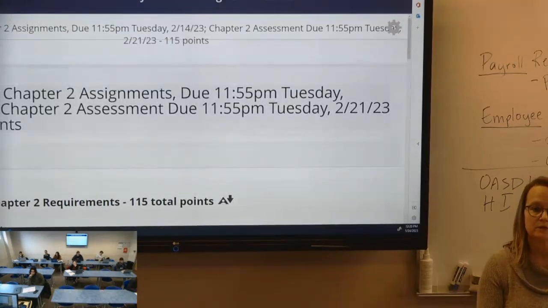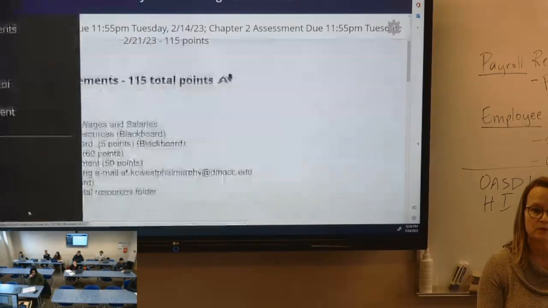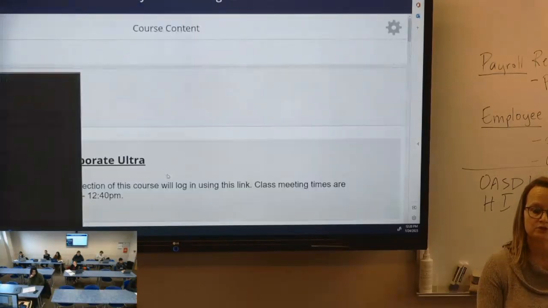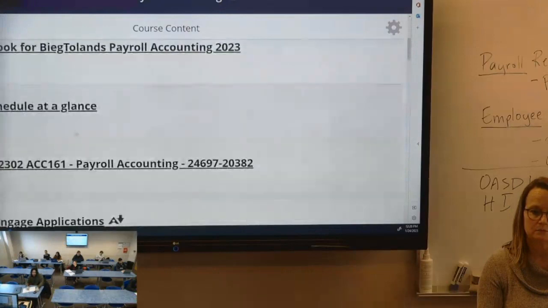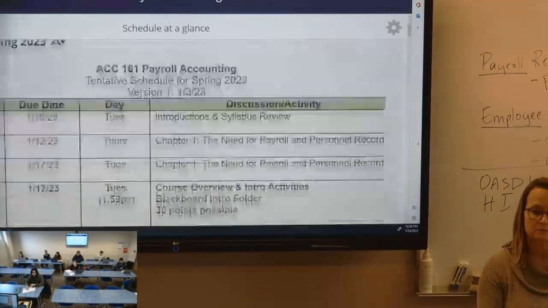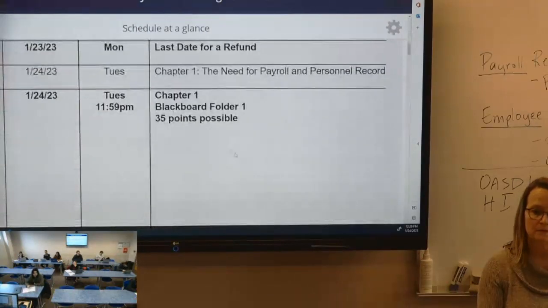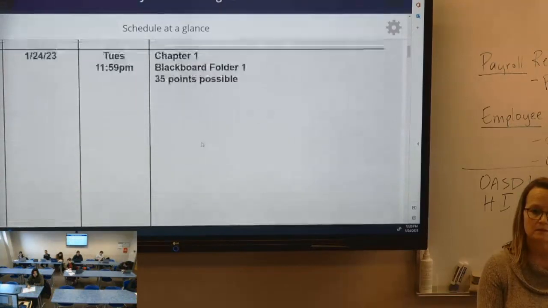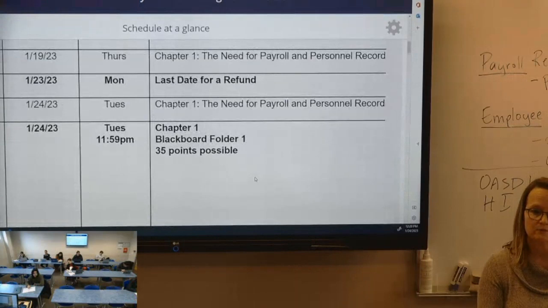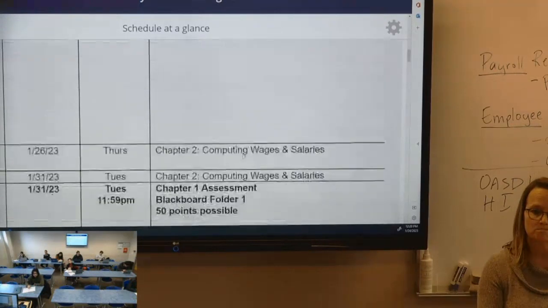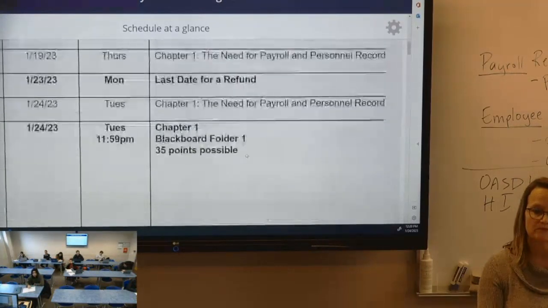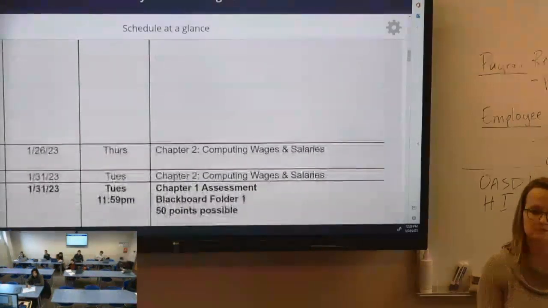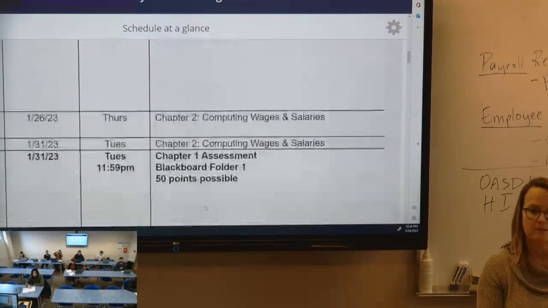Okay, let's look real quick as well at the schedule. So where are we? Today is the 24th. The assessment isn't due until next week for chapter 1, on the 31st. So you have an extra week to do that.